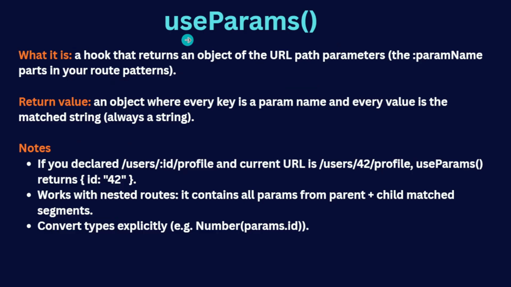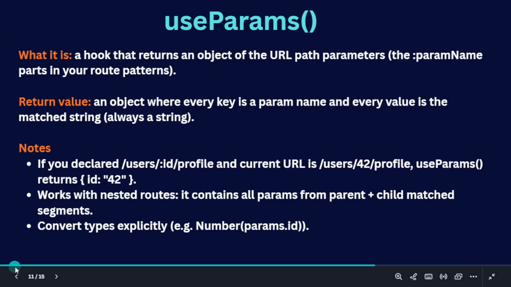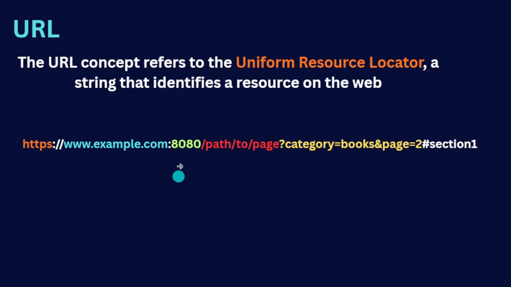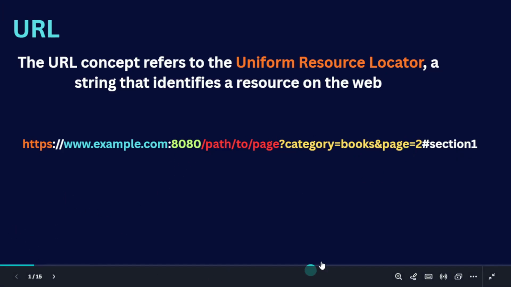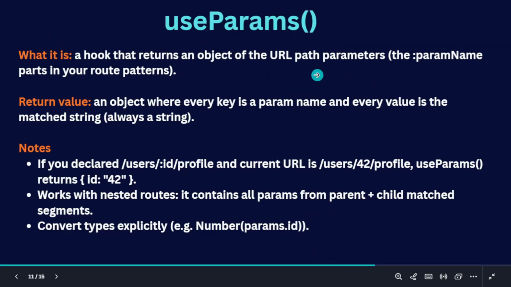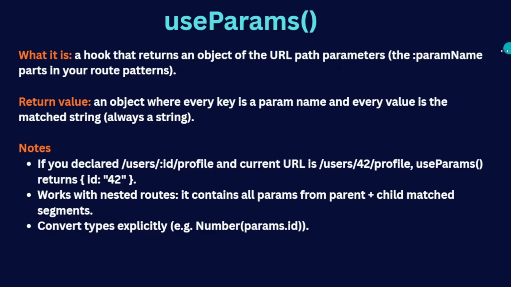And then useParams. This is a hook. This hook returns an object of URL path parameters, right? So if you go here, this is the useParams, and this is the URL. So an object of URL path parameters.